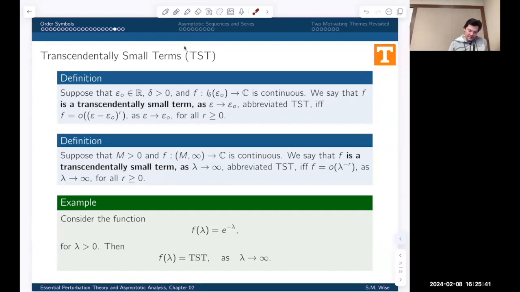Okay, so let's consider this function f of lambda equals e to the minus lambda. Then this function is clearly transcendentally small as lambda goes to positive infinity.